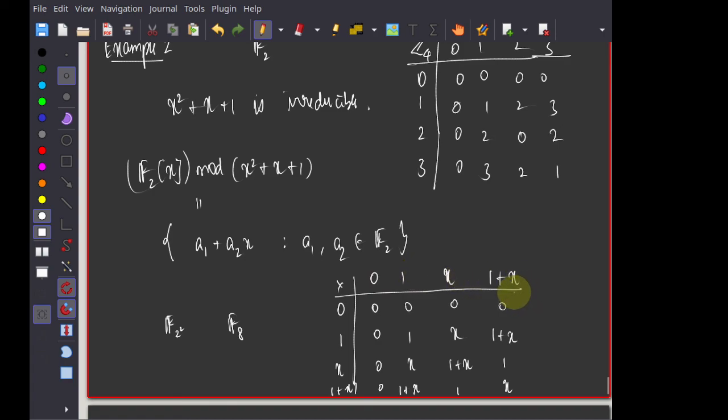Now if you take a different polynomial, you'll get the same coset representatives, but the cosets are different. They're different sets. Yes, so there is a mapping between those cosets such that you still get the same multiplicative and additive structure.